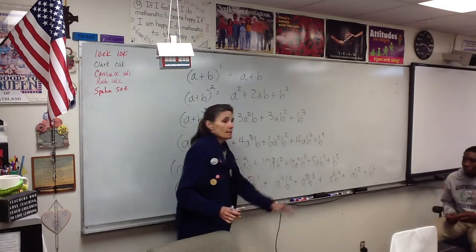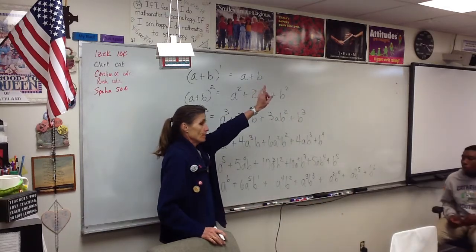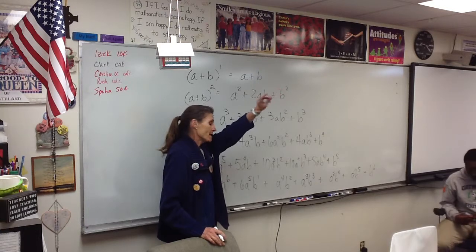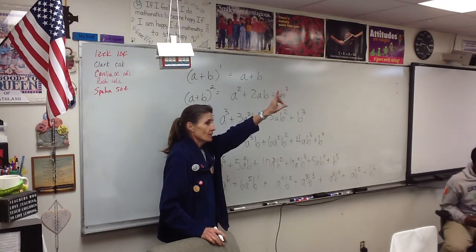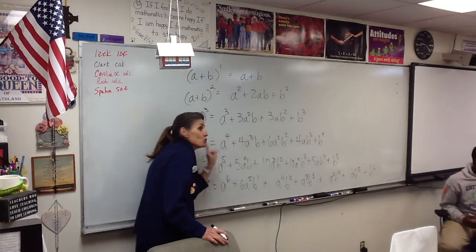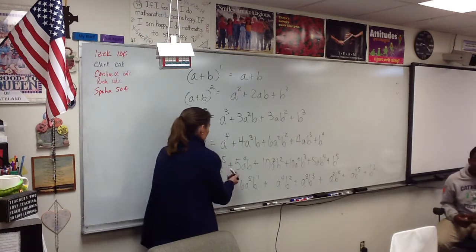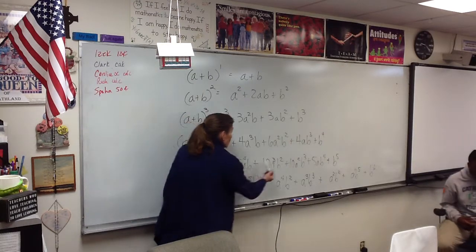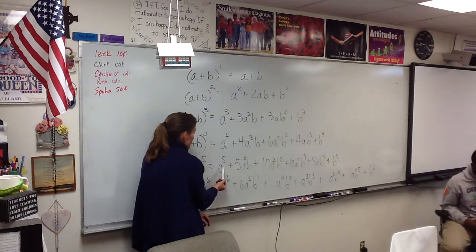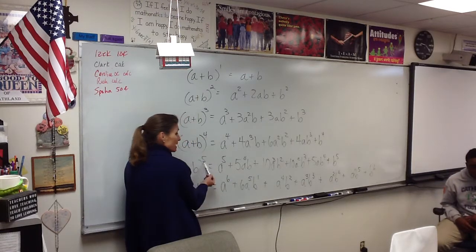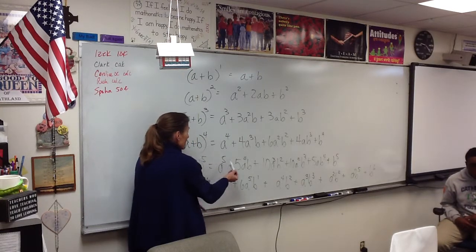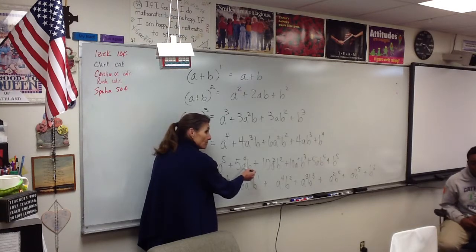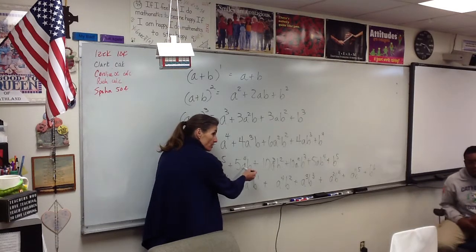Now, you can see that as you go from term to term, we start with an a to the fifth, for example, but then we go down to a to the fourth.